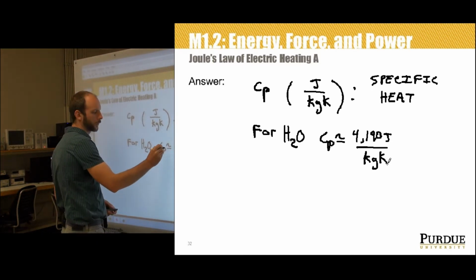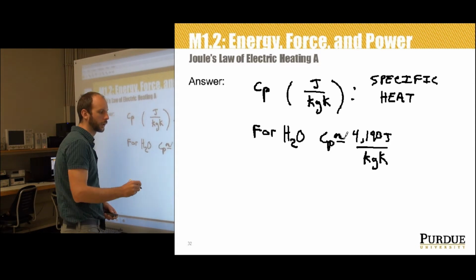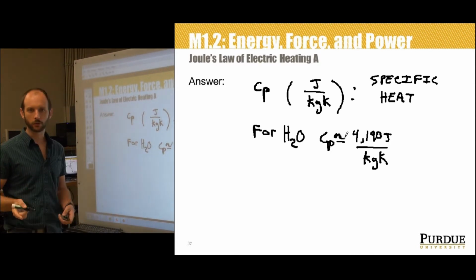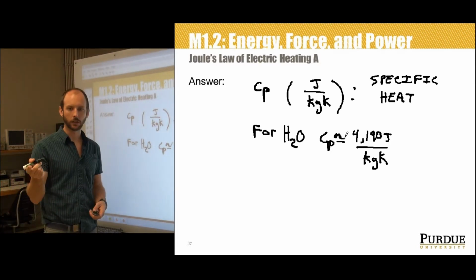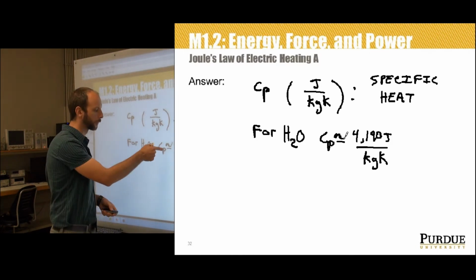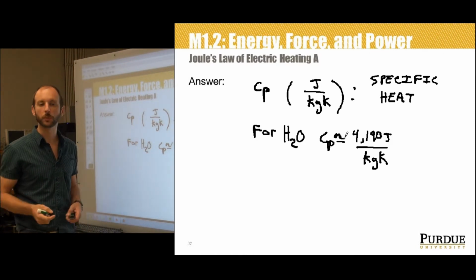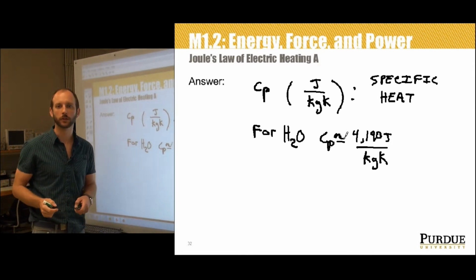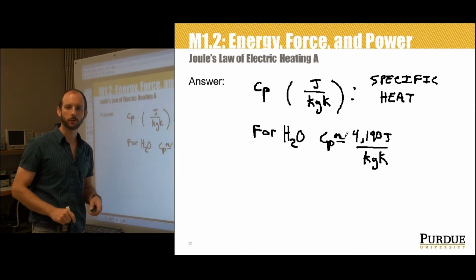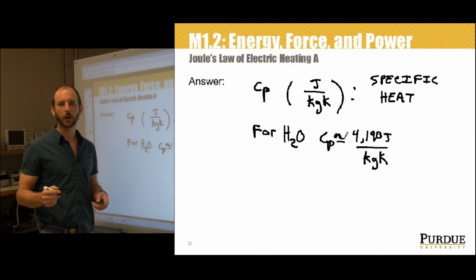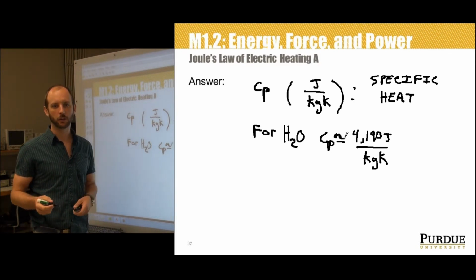So you'll notice I wrote this approximately equals sign here. The specific heat of water is actually temperature and pressure dependent, so it's an approximately equal. We're just going to assume it's constant to make our calculations a little bit easier. So now we're going to use this information to calculate the amount of heat taken by the water and the amount of heat taken by the kettle.